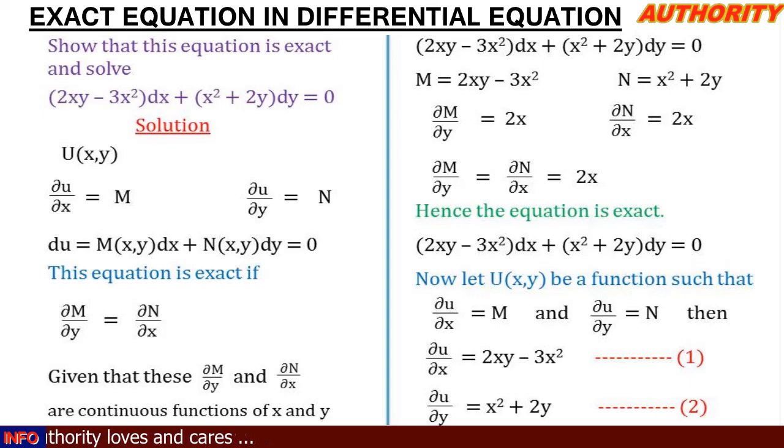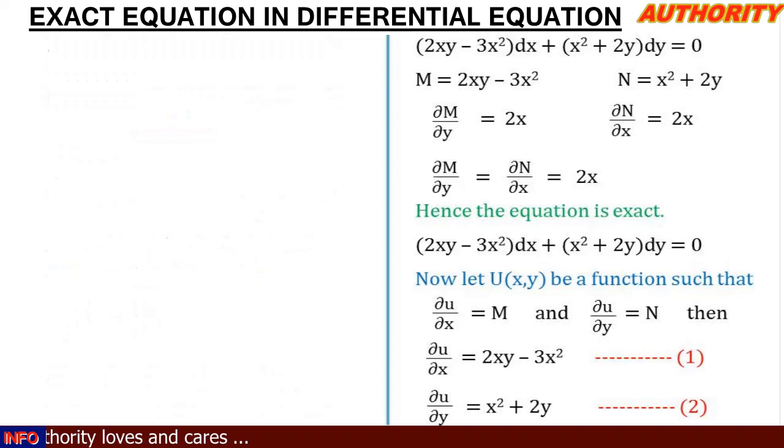Now please pay attention. The solution that we are looking for is a function. One function, we can call it u of x comma y, such that when you differentiate this function partially with respect to x, it's going to give you 2xy minus 3x squared.